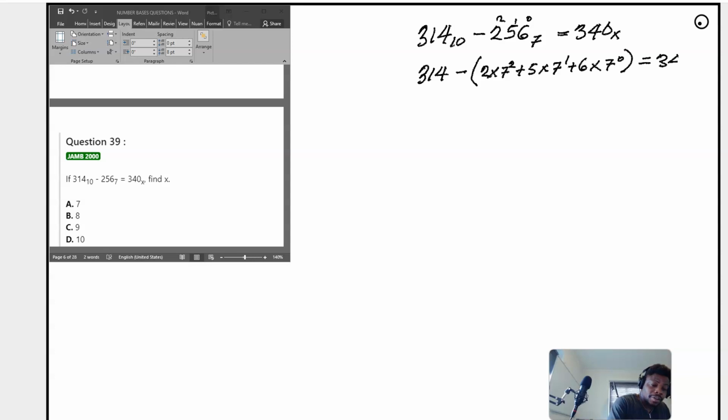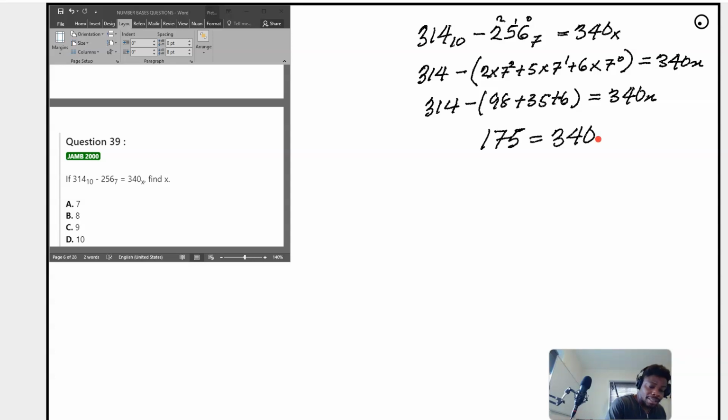Let's leave this one in 340 base x. Okay? This is 314 minus, this is 49. 49 times 2, that is 98. So 98 plus 35 plus 6, that is 139. So 314 minus 139. So this is 175 is equal to 340 base x.